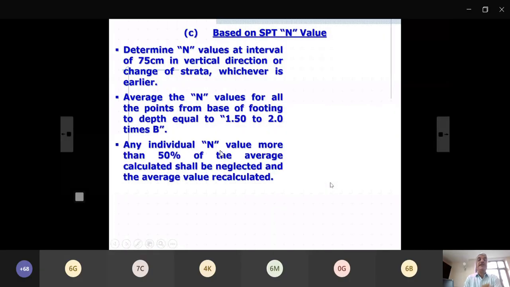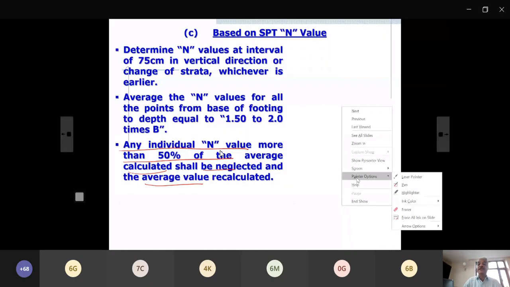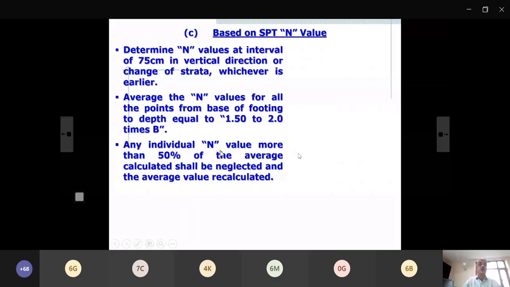That will be the average N. Then you refine these N values. There may be some error, there may be some aberration somewhere. So if any individual N value is more than 50% of the average calculated, then that value shall be neglected and you recalculate the average. Like that, refine the average to take out anything where there is obviously something wrong in that value.